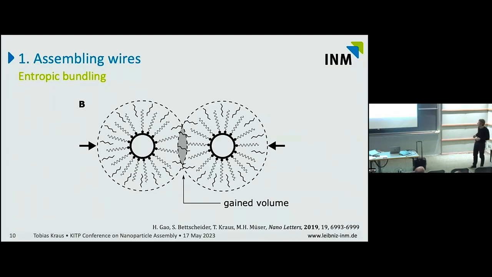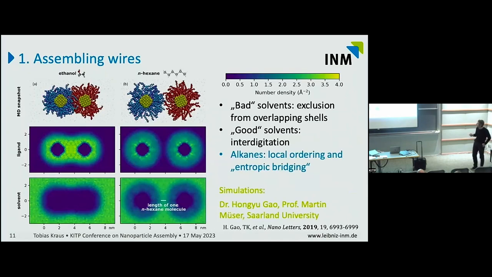It's a very weak attraction, and if you had spheres, it would probably not be enough to bring them together, but these wires are very long, so it integrates along their length and keeps them together. If you do this a bit more quantitatively, as Martin Müser has done, you can look at what the spacings are and how the solvent distributes. Here's ethanol. If you have ethanol, you have quite a bit of osmotic pressure pushing them together.